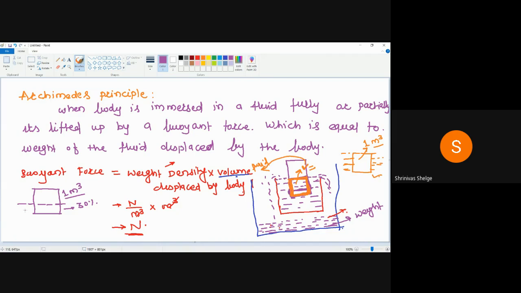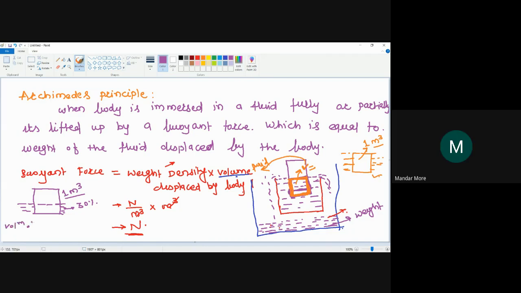Total volume of the body is 1 meter cube and 30% portion of this body is immersed in the fluid. So my question is, how much is the volume of the fluid displaced by the body?